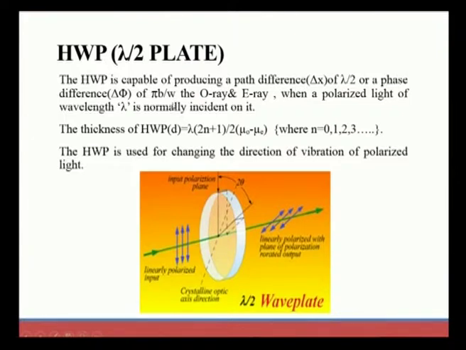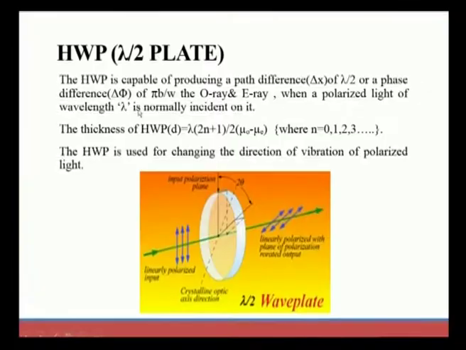The O ray and E ray will have a difference in path and also in phase. When polarized light of wavelength lambda is normally incident on it, we get a phase difference of pi and a path difference of lambda by 2 for a half wave plate.